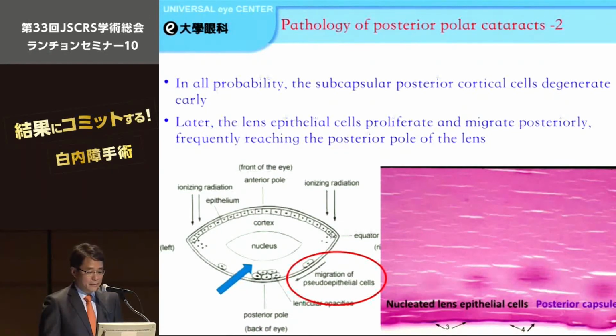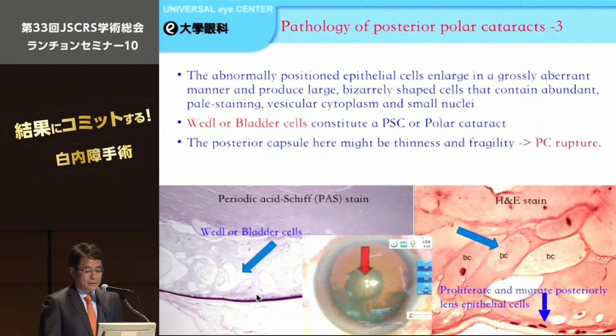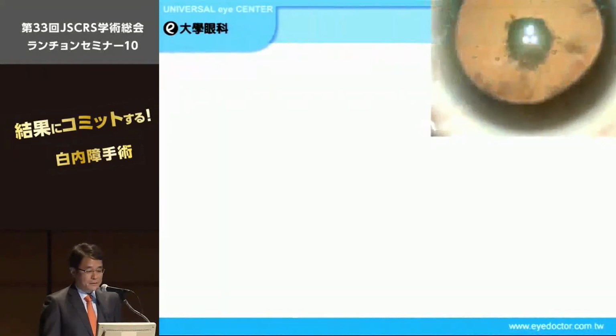Later, the lens epithelium cells proliferate and migrate posteriorly, frequently reaching the posterior pole of the lens. The abnormally positioned epithelial cells enlarge in a grossly aberrant manner and produce large bladder-shaped cells, named Wedl or bladder cells, constituting a PSC or polar cataract. I consider this is why the posterior capsule here is always thin and fragile.